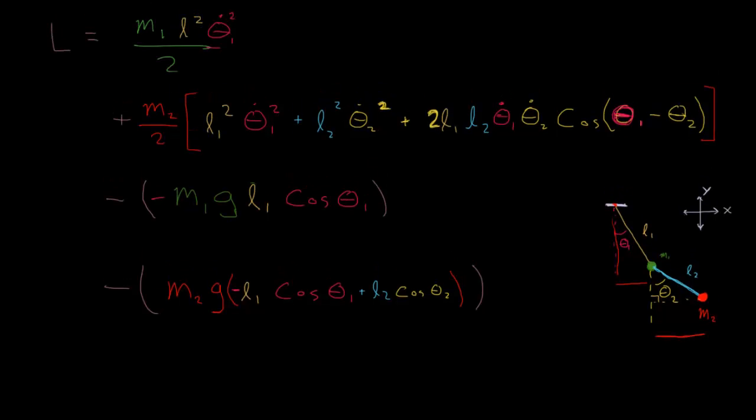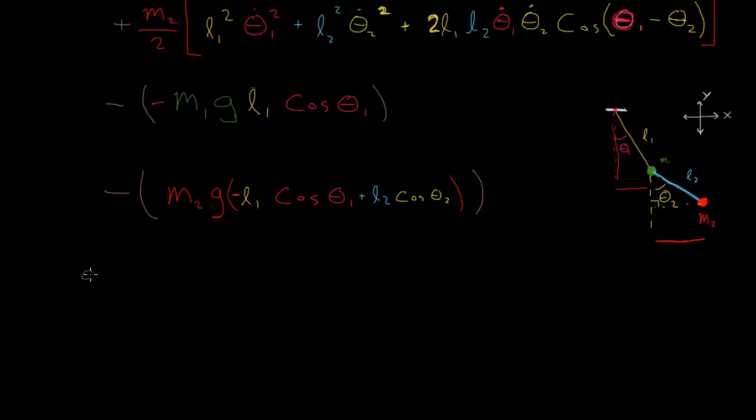The Euler-Lagrange formula for theta 1 would be d L d theta 1, and I use this purple for theta 1, minus, maybe I'll go back to green, d dt of dL d theta 1 dot, and all of that equals 0.